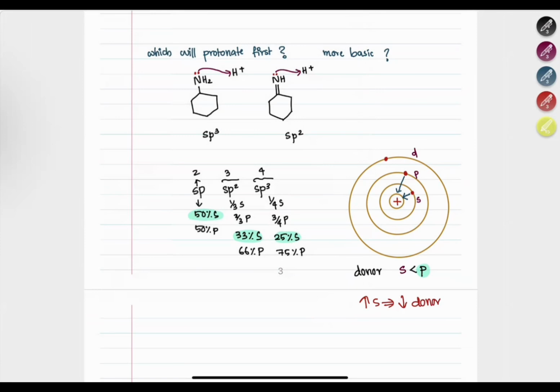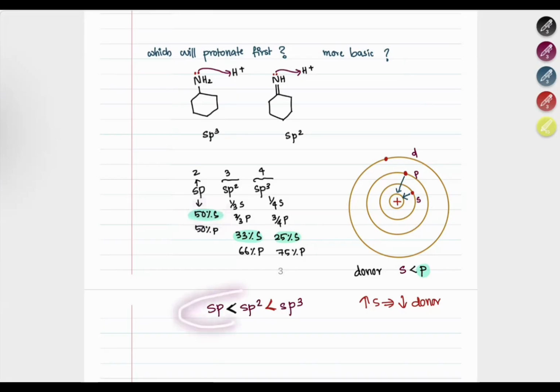Okay. So out of these 3 orbitals, that is sp, sp2 and sp3, the sp3 orbital will have high donor ability because here there is only 25 percent s character, and the sp orbital will have the least donor ability because here there is 50 percent s character.